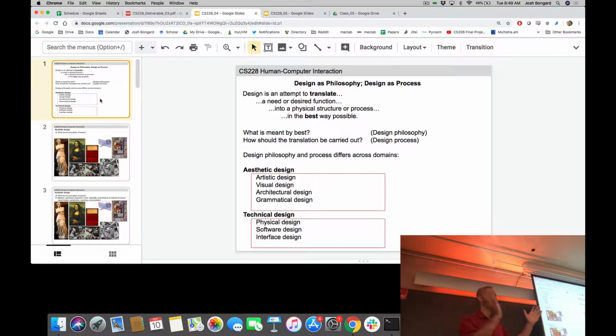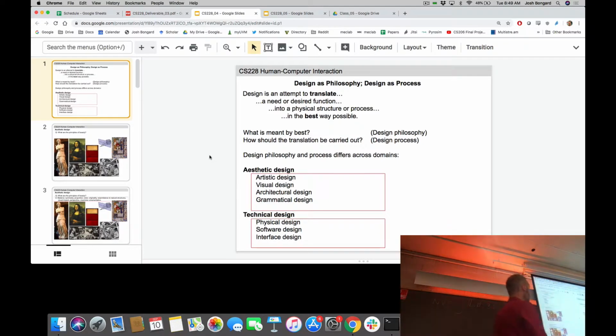If we got a whole bunch of people together and said, here's a need, and here's our sketch for a final product, tell us all the different design processes you can imagine, that group as a whole might sketch out 10 or 12 or 15 or 18 different design processes. We might then ask the group which is the best one, and the group may disagree because the group may have different ideas about design philosophy. It's the difference between design philosophy and process.